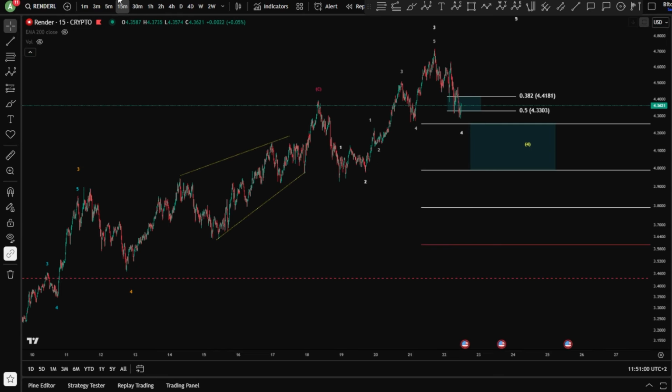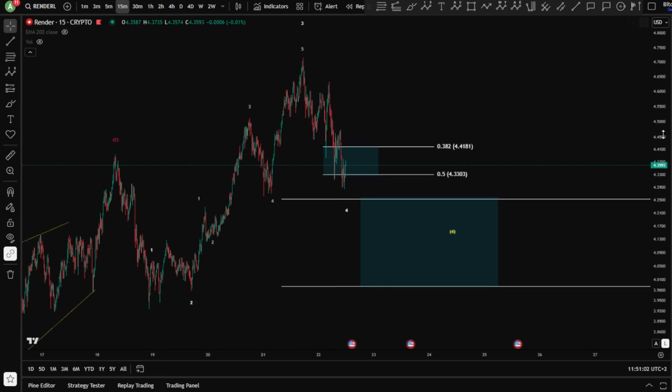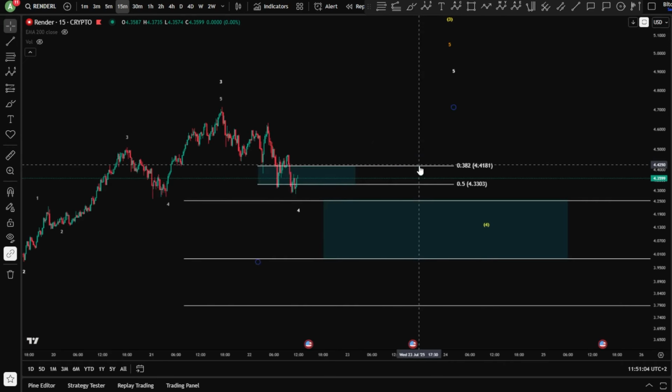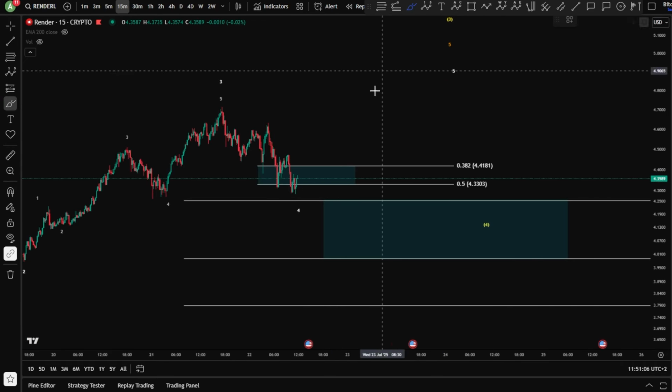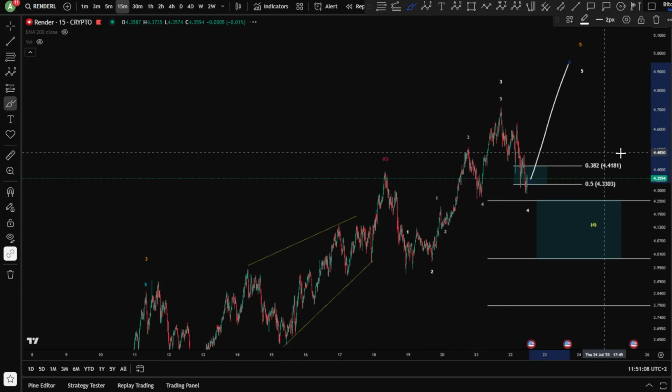If we start to see something impulsive towards the upside from this box exactly, I'm looking for a wave 5 towards the upside.